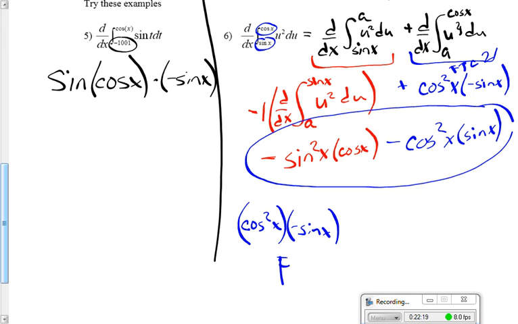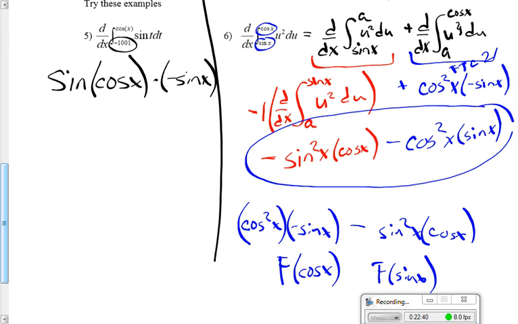That's capital F evaluated at cos x, isn't it? Kind of a fundamental theorem version 1, version 2 hybrid, if you will. And then subtracted capital F of sine x, which would be sine squared x times cos x. We end up with the same thing, don't we? I'm still trying to wrap my head around that, but I think it's cool to think about, and I think it's worth trying.